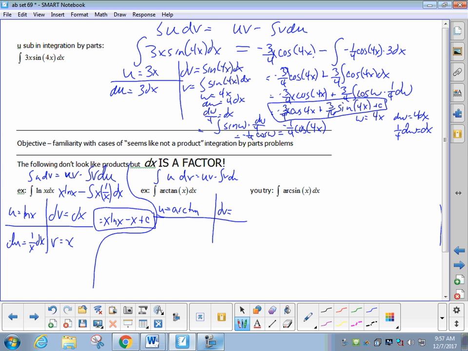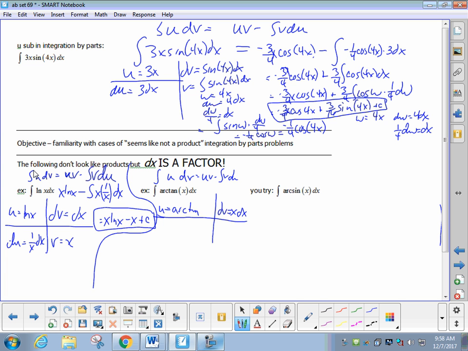Not that you guys would ever do something so silly, but this will happen all the time. I'll see people say, well, u is arctangent and dv is x dx. Yeah? No? Why not? You're saying I can't separate x from the arctangent? That's correct. You cannot.